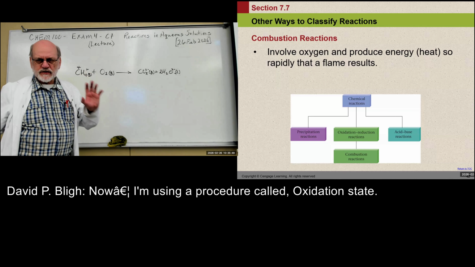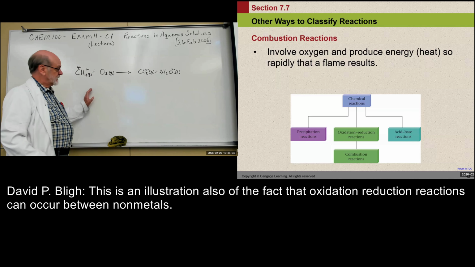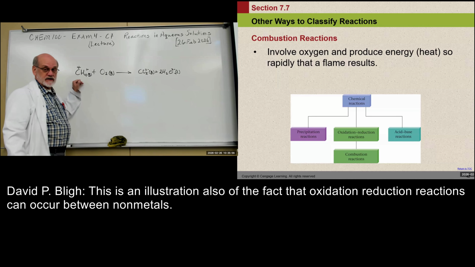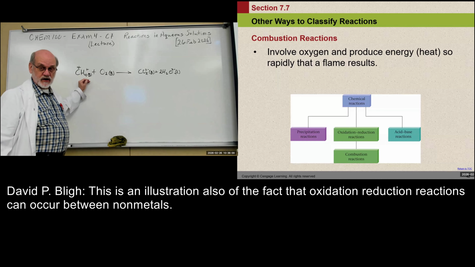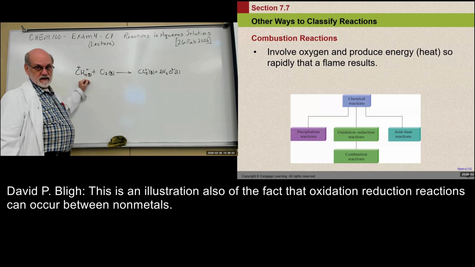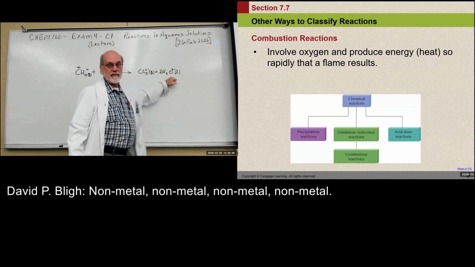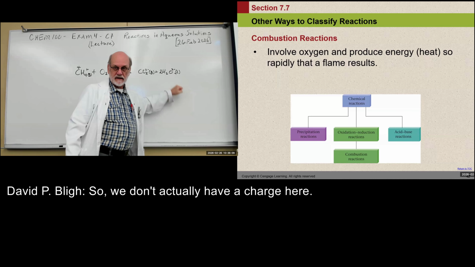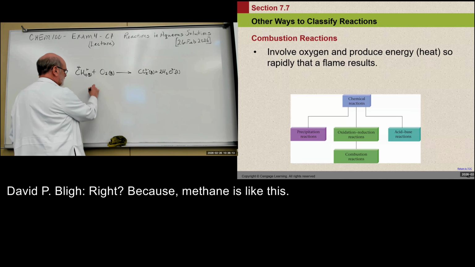Now, I'm using a procedure called oxidation states. This is an illustration also of the fact that oxidation reduction reactions can occur between nonmetals. Nonmetal, nonmetal, nonmetal, nonmetal. So we don't actually have a charge here, right? Because methane is like this.